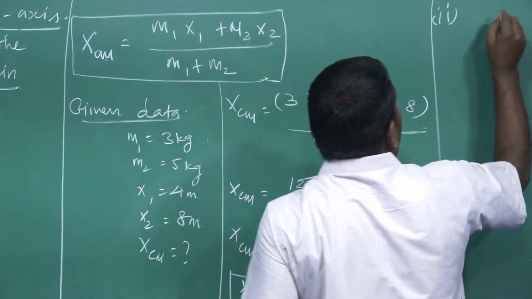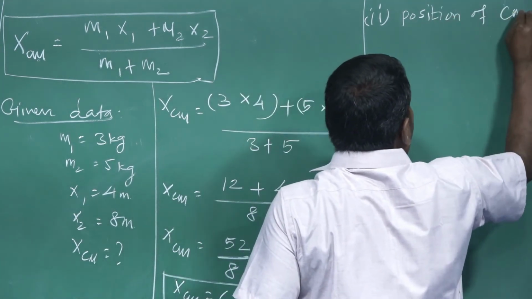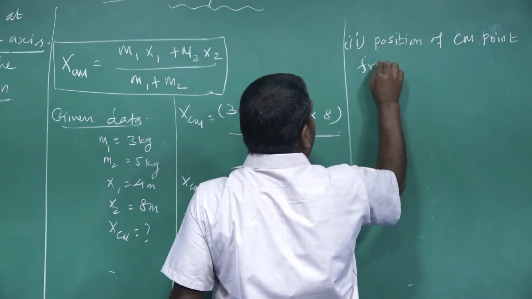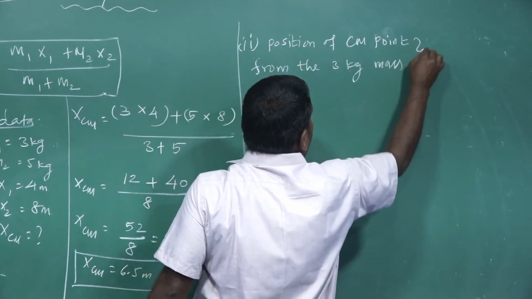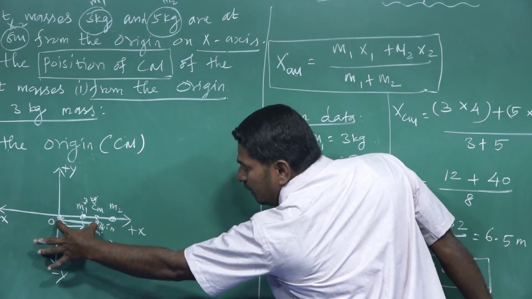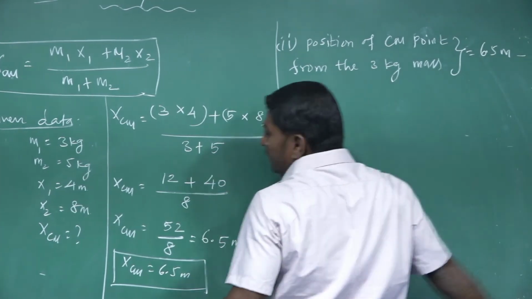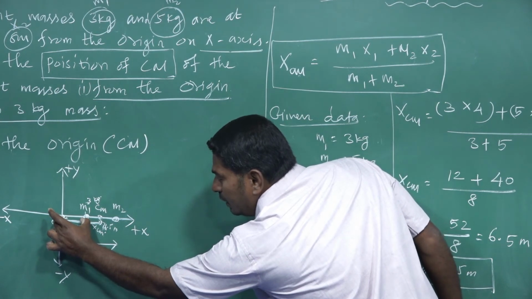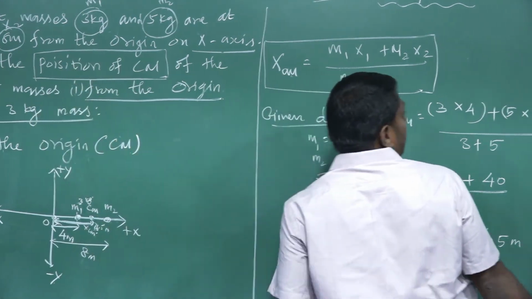Second, position of center of mass point from the 3 kg mass, which is equal to center of mass point lies from the origin, which is equal to 6.5 meter, minus distance of the first point mass from the origin, which is equal to 4 meter.